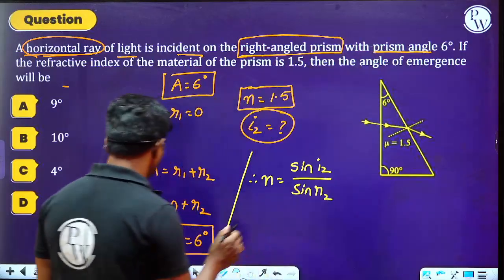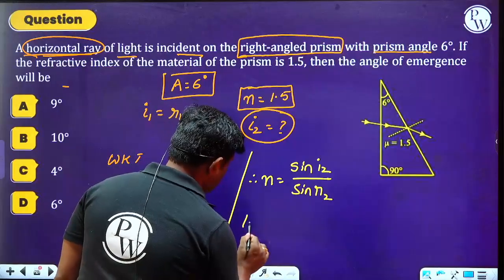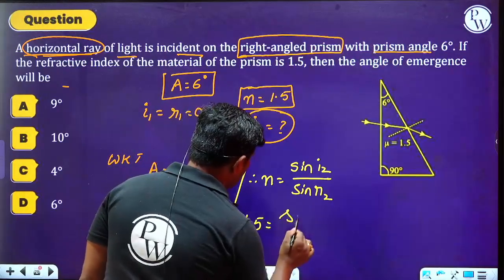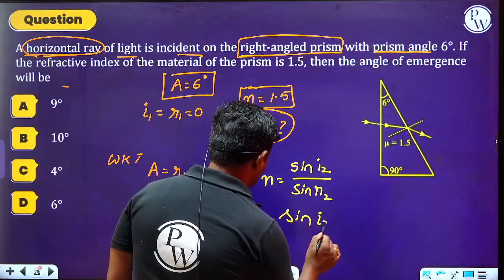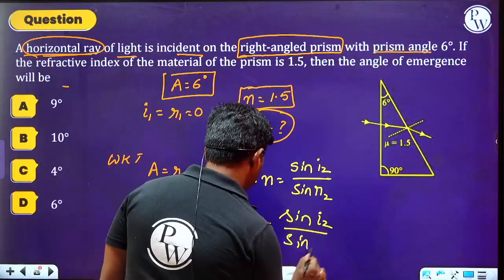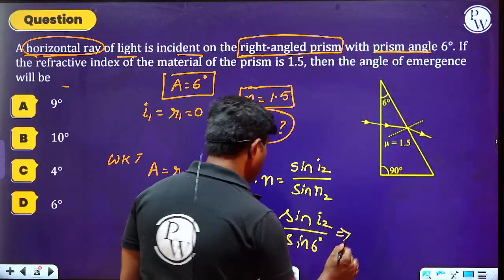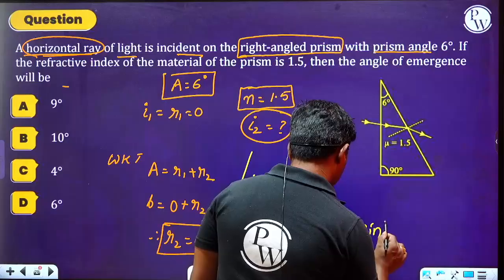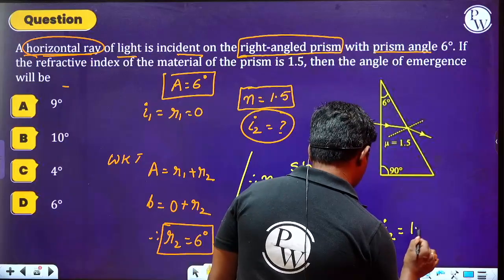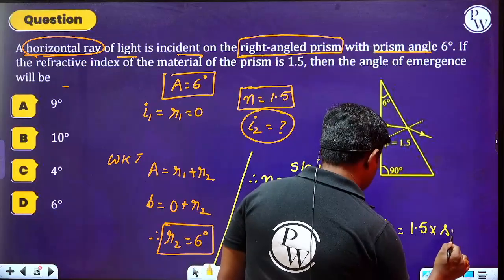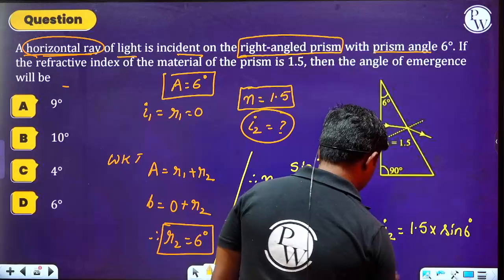N value is 1.5, so 1.5 is equal to sine I2 divided by sine 6 degree. Therefore, sine I2 is equal to 1.5 into sine 6 degree.